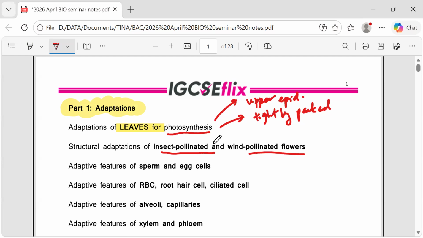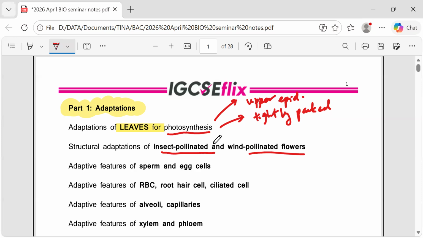Insect pollinated, the stigma is inside, the stamen is inside.